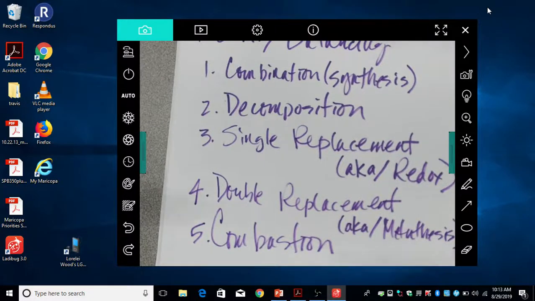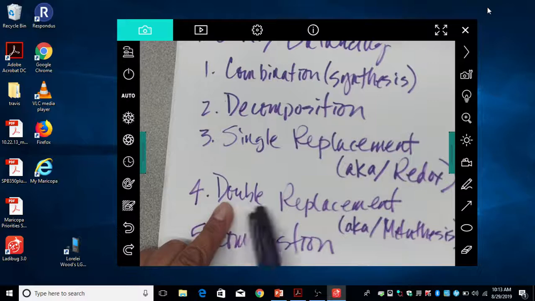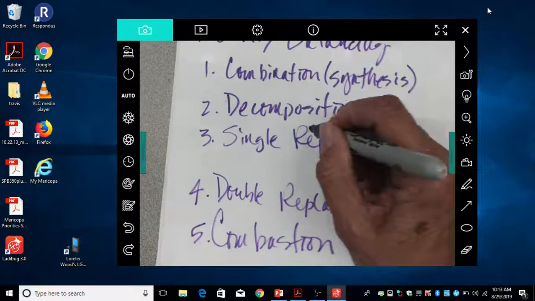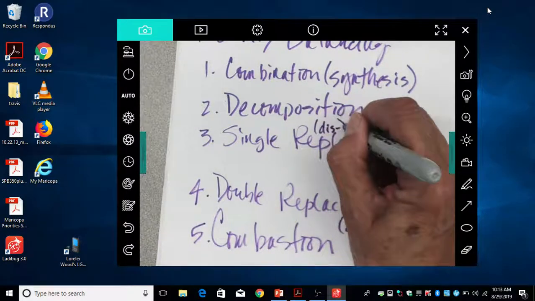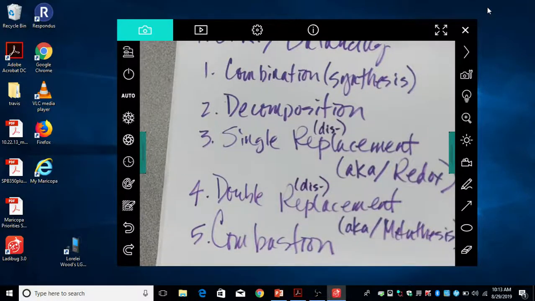So I want you to be familiar with combination and redox and metathesis, because you go, whoa, this is a metathesis reaction? That looks like a double replacement to me, right? Okay. I've also heard them called single displacement or double displacement. So sometimes it's displacement, depending on the author, all right?